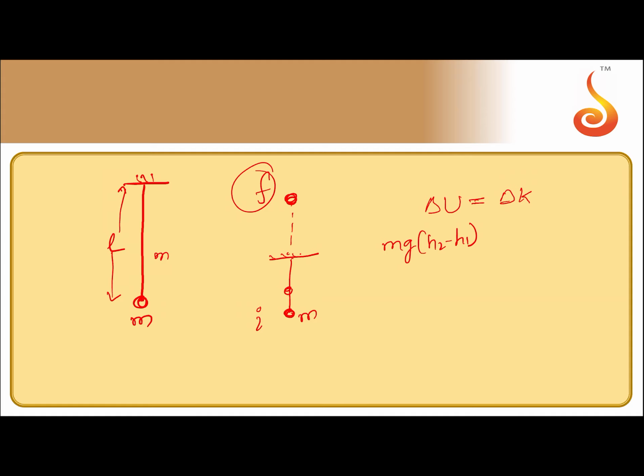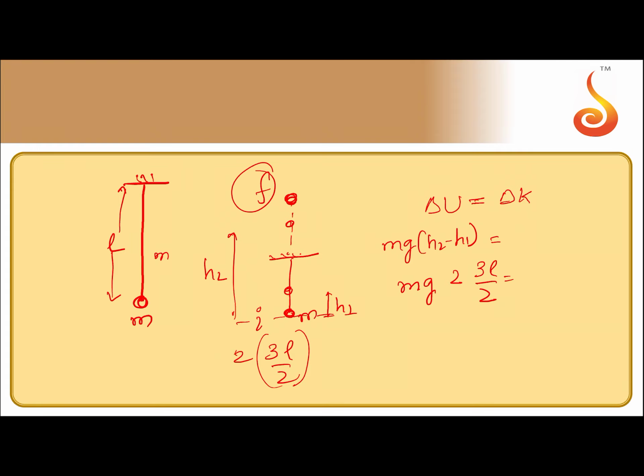Let's assume that this is at a height h1 from this reference level, and finally it is here. So by what distance does it rise? Does it rise by a distance of 2 times 3L by 2? Yes. So I have mg into 2 times 3L divided by 2. That is the change in its gravitational potential energy.